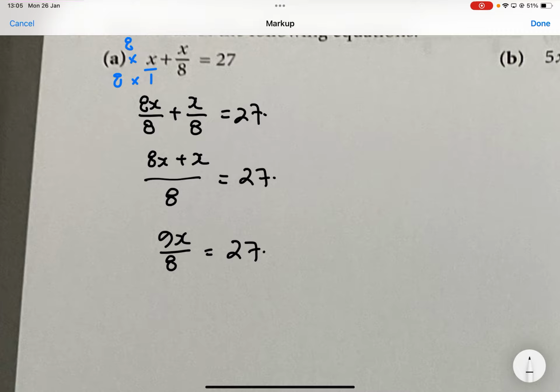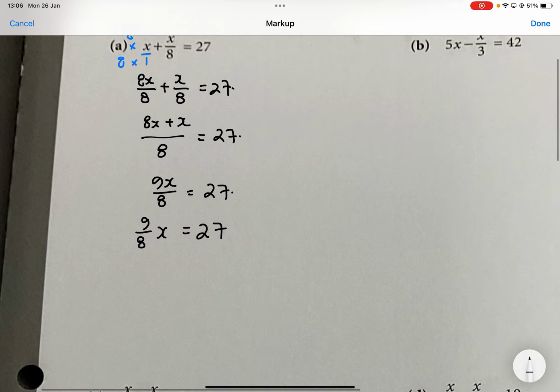X is not 3. X is 24. Okay? One way, I write my x outside, then after that, I divide.